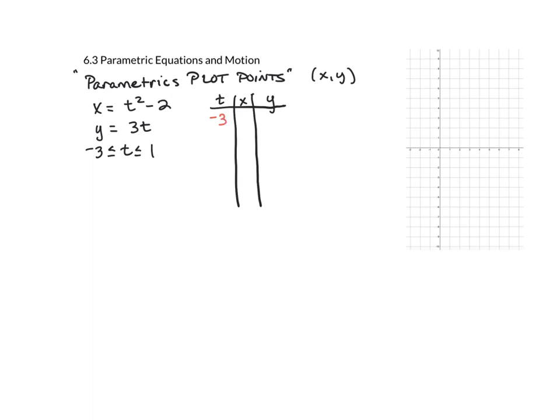If t is -3, you would plug a -3 in for the t here, and it would be -3 squared is 9 minus 2 is 7. So x would be 7. And you plug a -3 in for t here, and y would be -9. So that means that the ordered pair 7, -9 will appear on the graph.